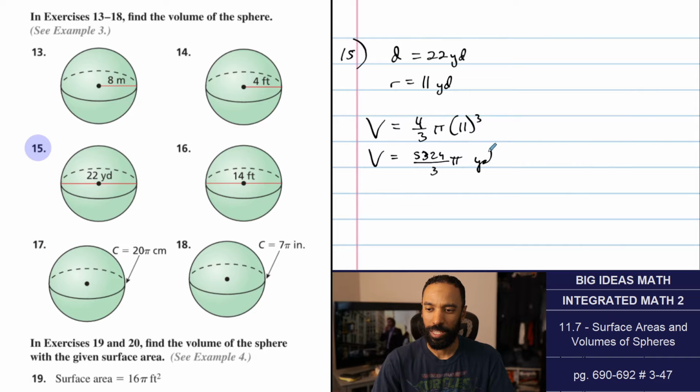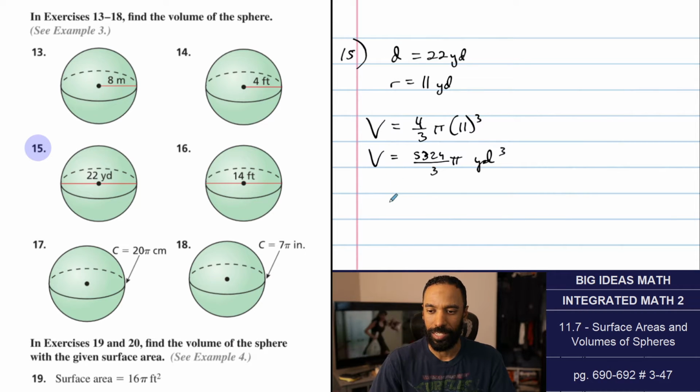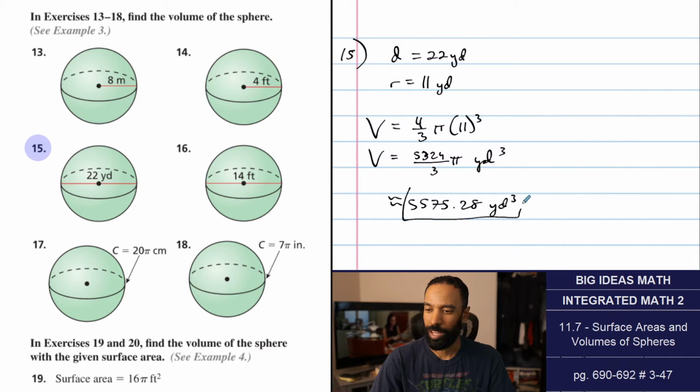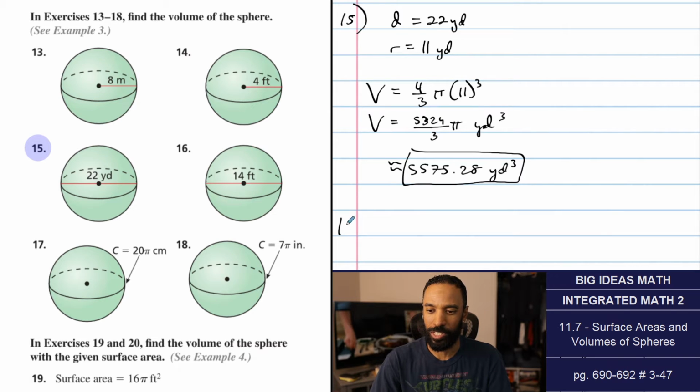This is in cubic yards. This also cannot divide evenly or reduce, and it's okay because we're going to be multiplying by pi anyway. So this thing's going to round to 5575.28. 5575.28 cubic yards for that guy. Yards cubed, as the kids would say.